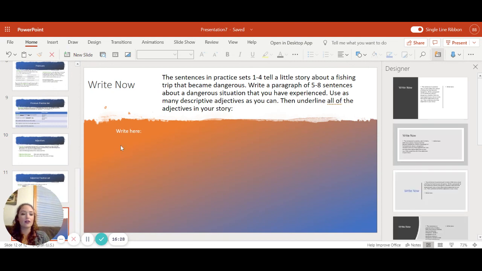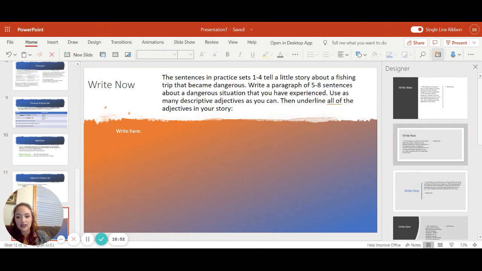All right, so your last assignment for today. So the sentences in practice sets 1 through 4 tell a little story about a fishing trip that became dangerous. Write a paragraph of 5 to 8 sentences about a dangerous situation that you have experienced. Use as many descriptive adjectives as you can.